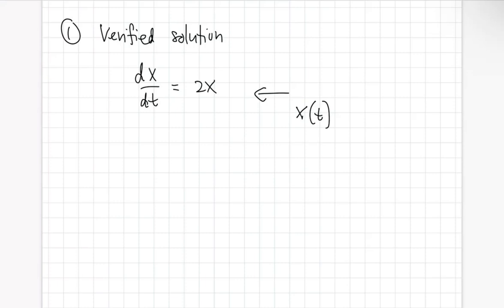If you are asked to verify the solution, let's say you are given a function x(t), for example x(t) equal to exponent 2t. Is this function the solution?